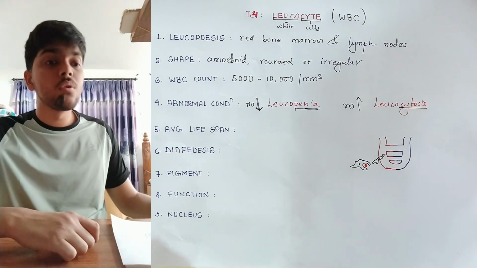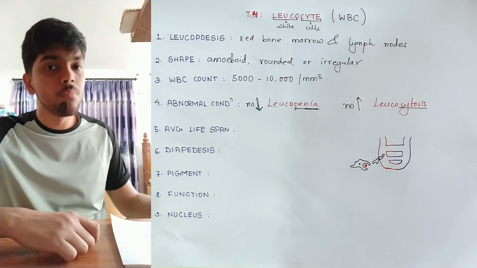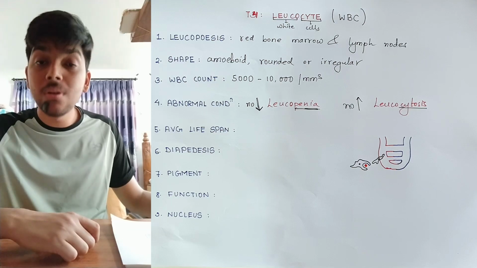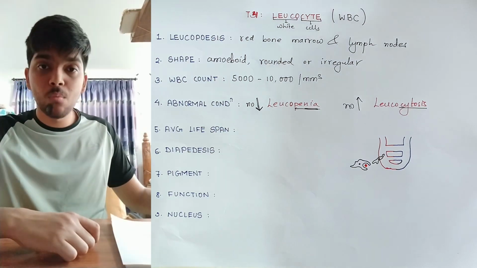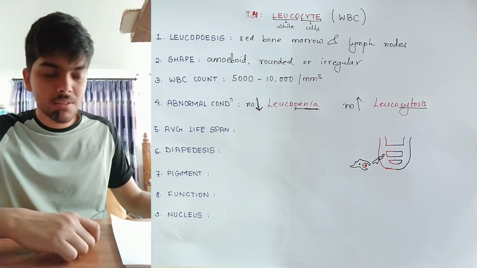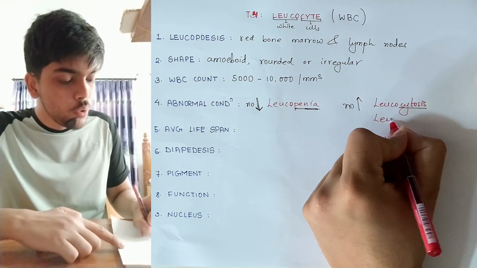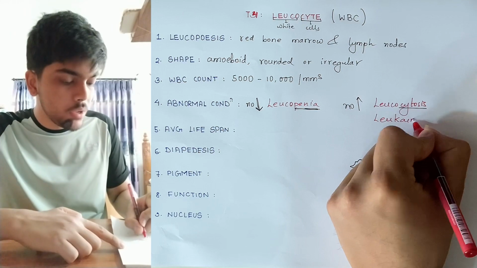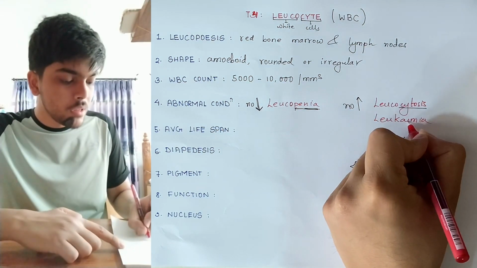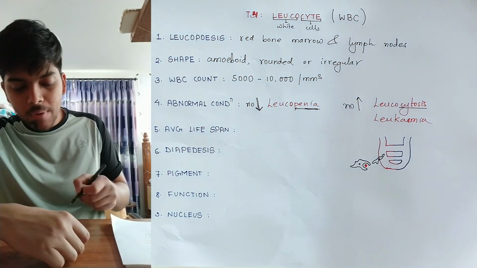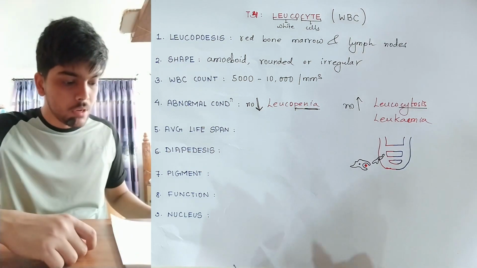When platelet or thrombocyte count is more than normal, that's thrombocytosis. The same way leukocytosis exists. But that's not the only condition. The second condition is leukemia. These two conditions take place under two different circumstances.